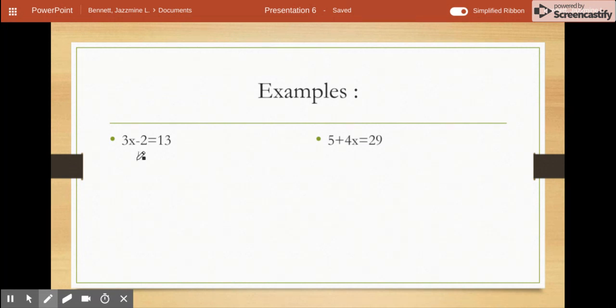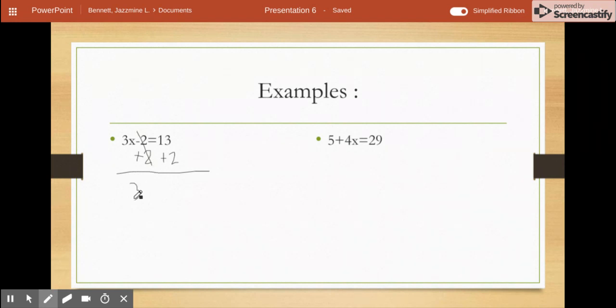So if we have minus 2, we're going to add 2. And of course, what we do on this side, we have to do on the other side. So negative 2 and plus 2 are going to cancel each other out.